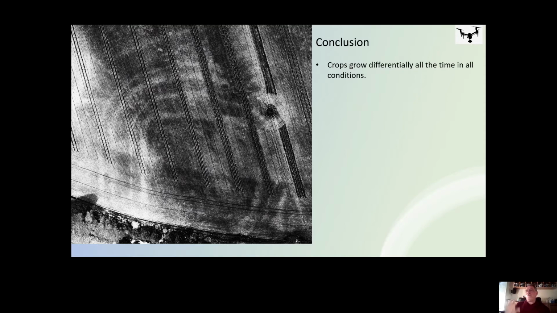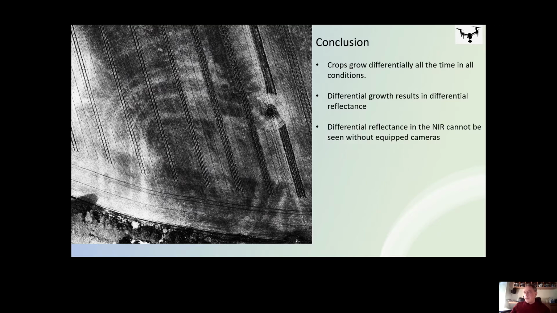What this shows us is that even in 2020, when the crops were growing quite normally, you actually get differential growth all the time. Crops grow differentially all the time in all conditions every year. And that differential growth results in differential reflectance, but we just can't see it.